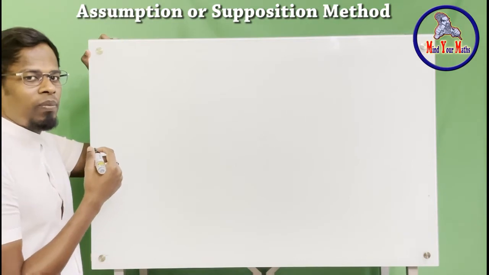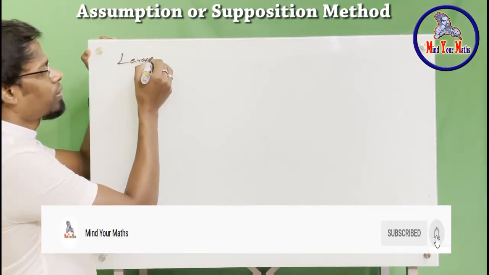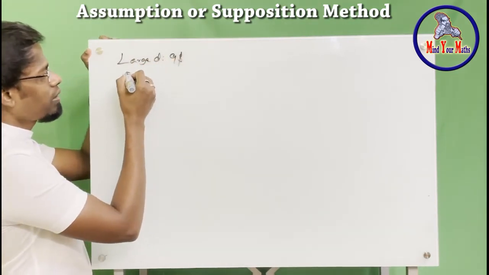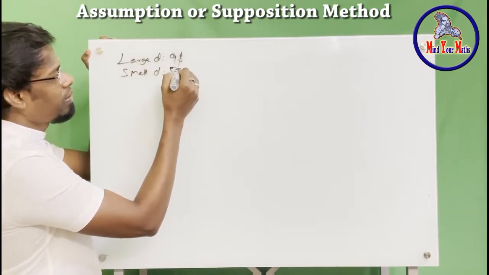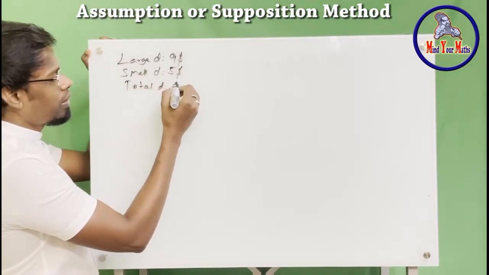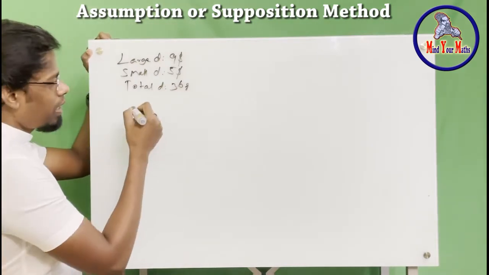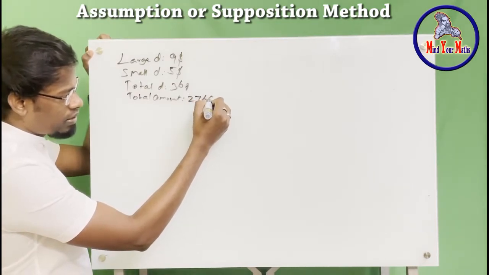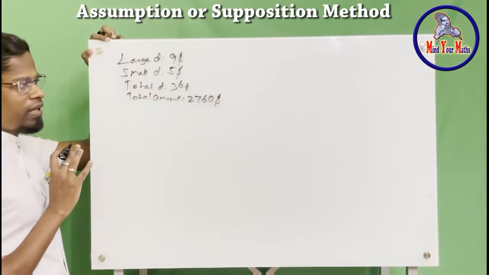As per the problem, the large durian price is $9 and the small durian price is $5. Total durians is 368, and total money collected is $2,760. This is what is given in the problem.